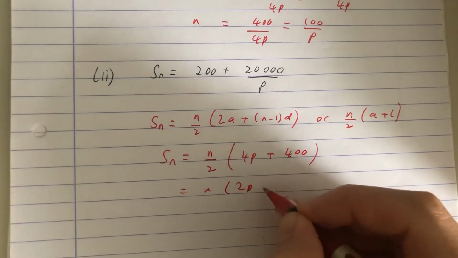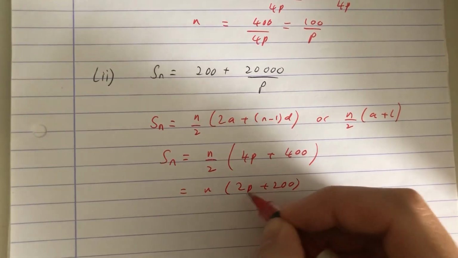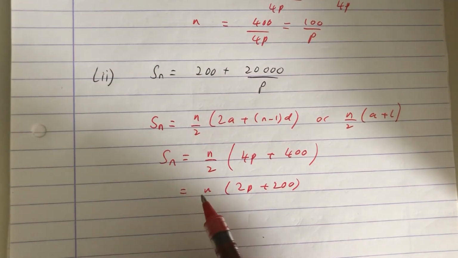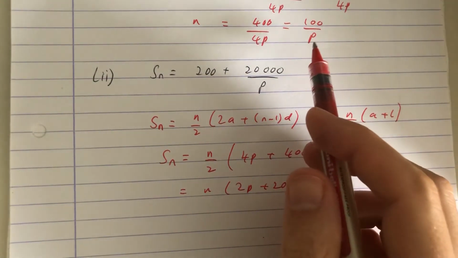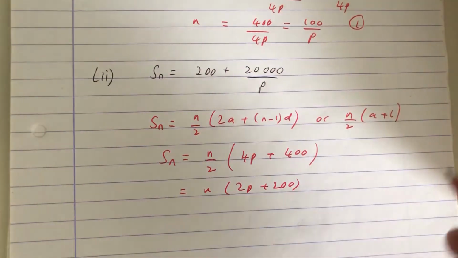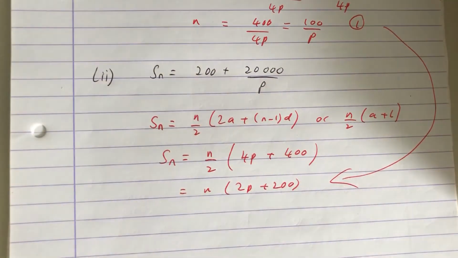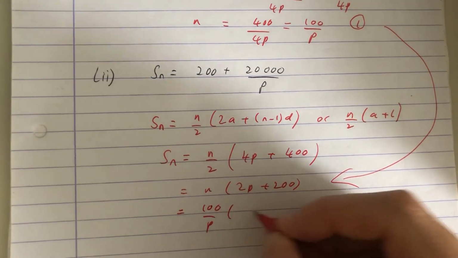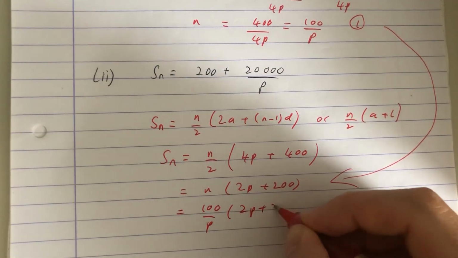So that's 2p plus 200. And remember now, n is the thing you worked out in part 1. So you can substitute that into this, and you can get 100 over p, brackets 2p plus 200.